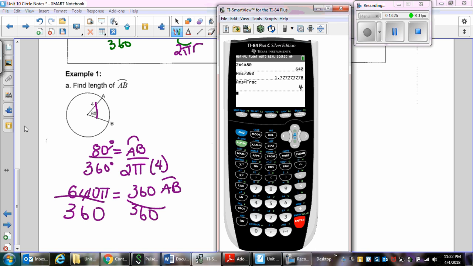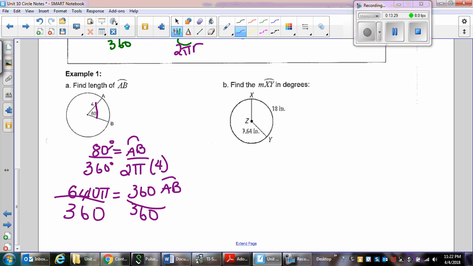So AB equals 16 over 9 pi. And if you want to multiply the whole thing, you can. Okay, so it's not a problem.